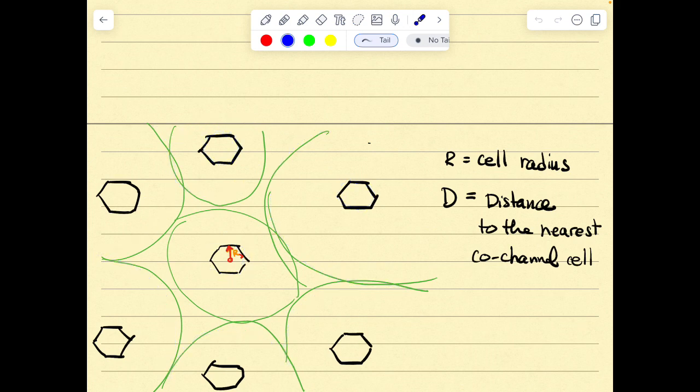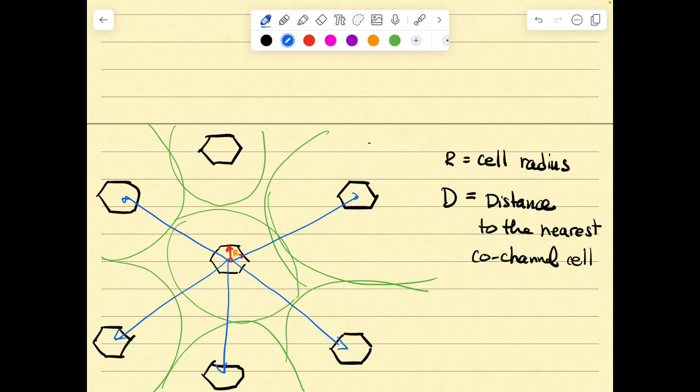Let's assume the cell radius is equal to R, and D is the distance to the nearest co-channel cell. D is this distance. So you see that there are 6 co-channel cells for any given cell.